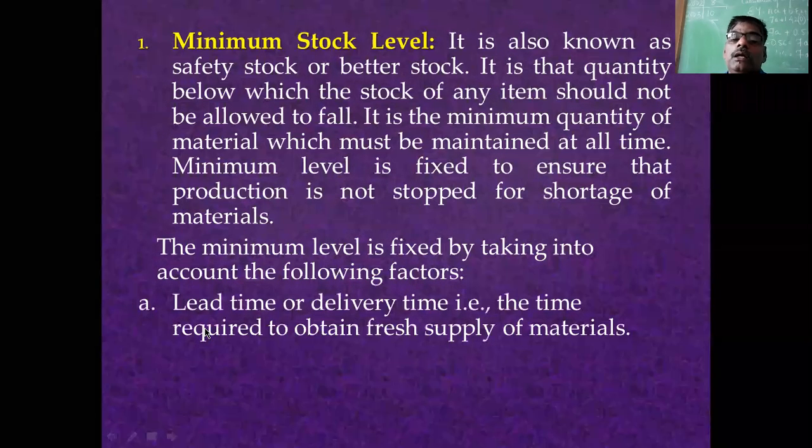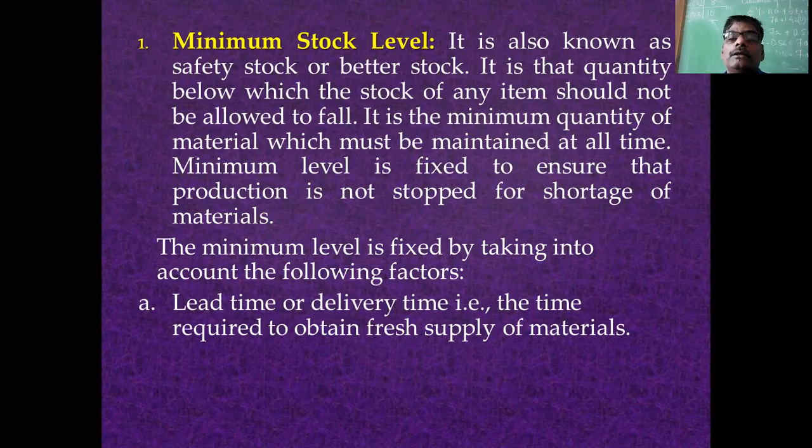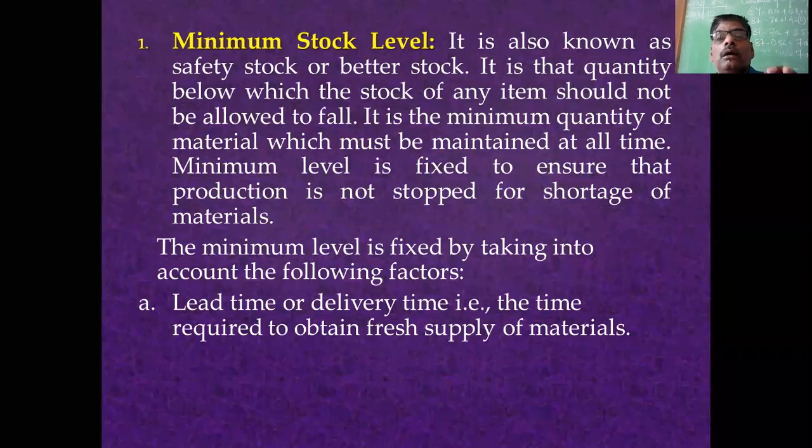First is lead time or delivery time. How many days are required to receive new stock after placing the order? After placing the order, how many days or weeks will you take? That is called lead time.